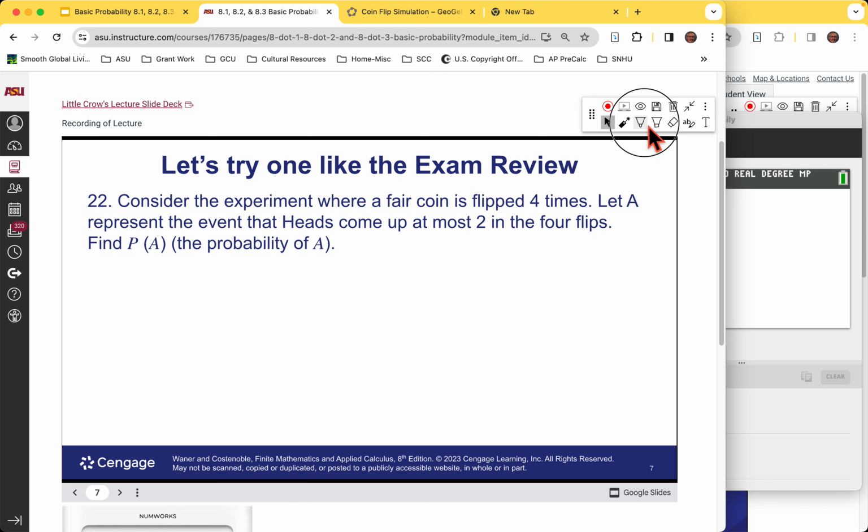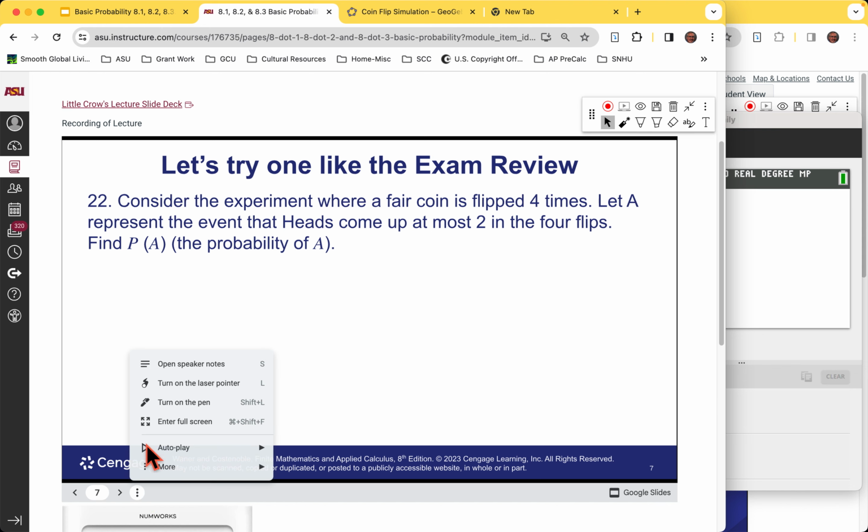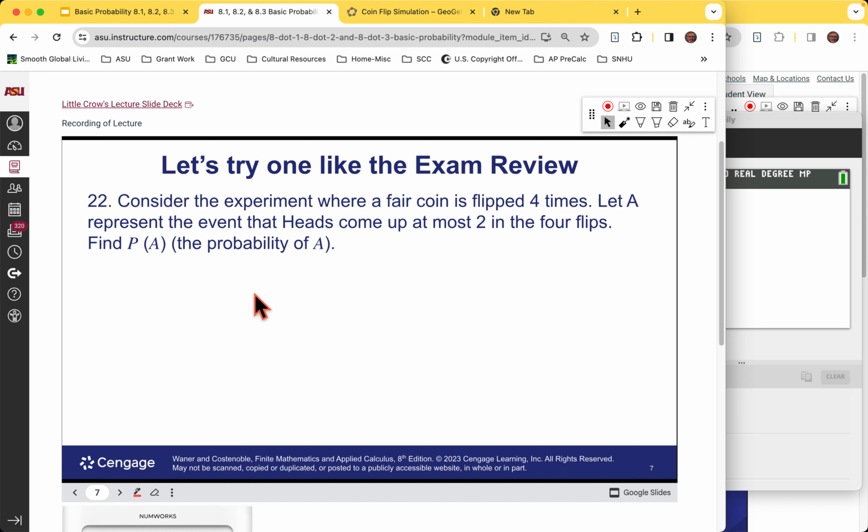Okay, let's see if I can get this thing to work. There we go. Okay, so consider the experiment, and when we do these flips, that was an experiment as far as probability.